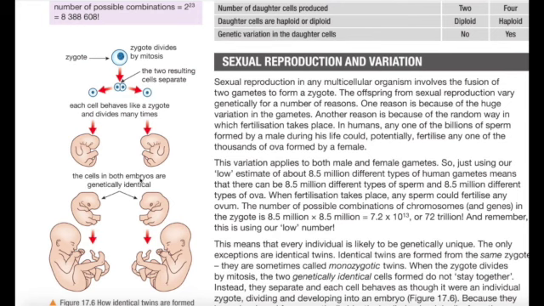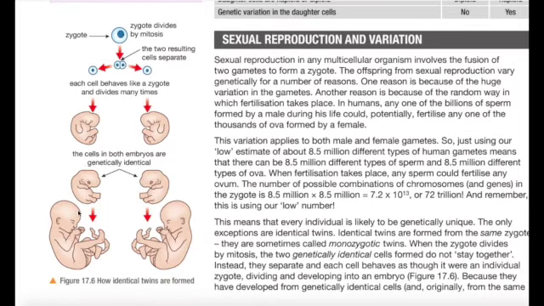Now, an embryo is a ball of cells, and they can further develop into a fetus. So this is how the 2 fetuses are formed, and then eventually they become babies. So those are the identical twins.